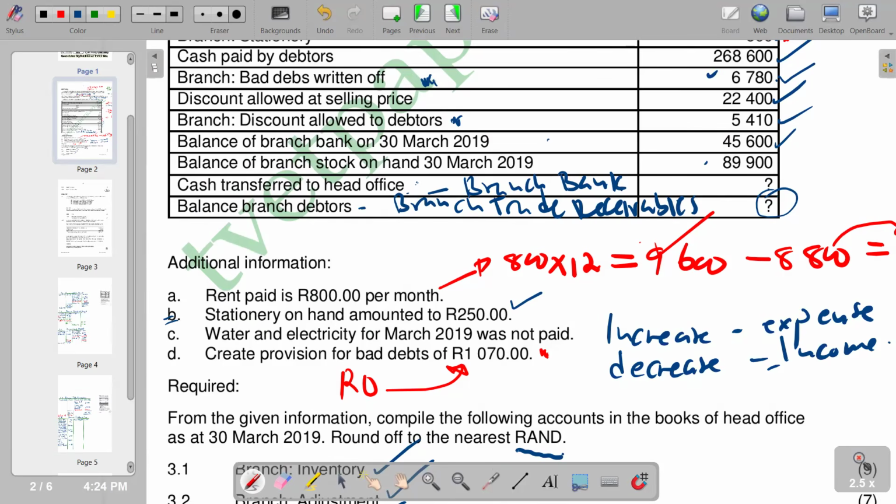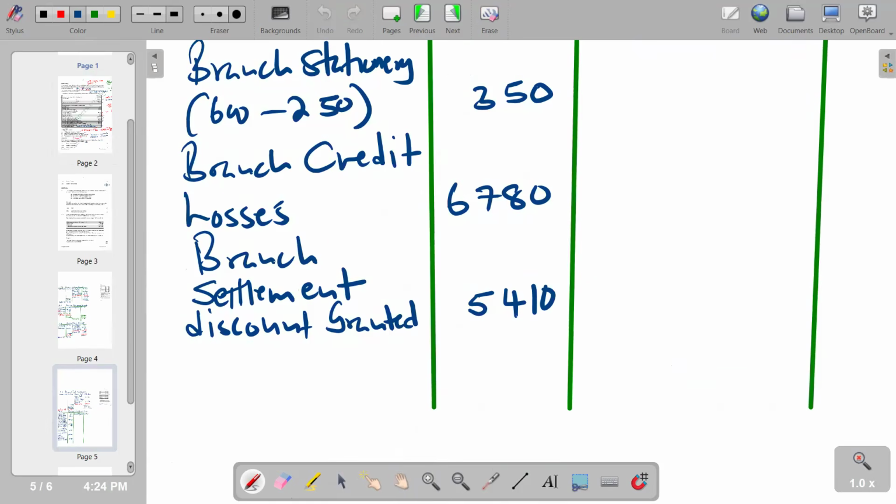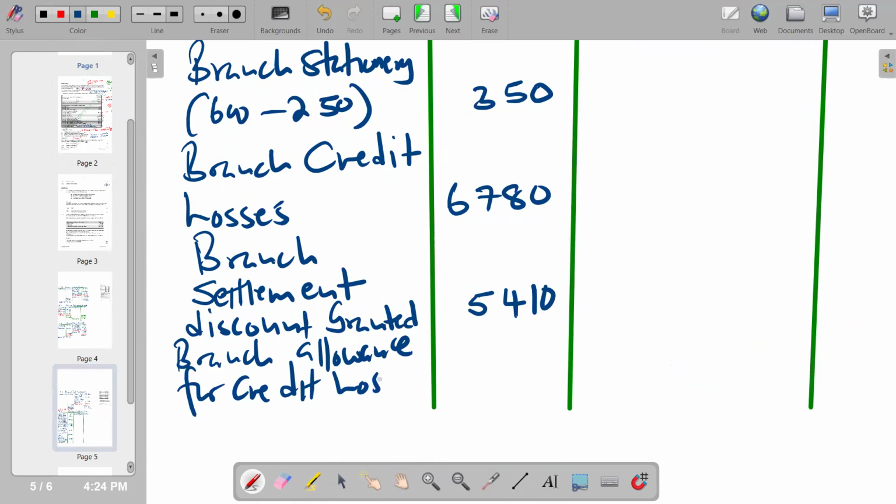So it's supposed to be on the debit side of our branch profit or loss. So if you come here, we are supposed to put a branch allowance for credit loss of 1,070 as indicated.